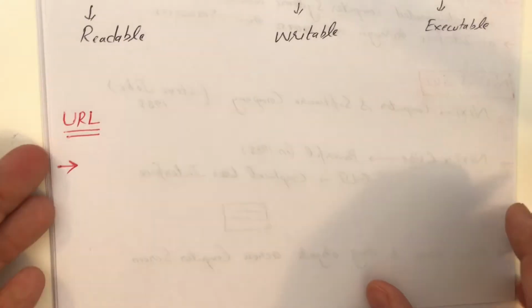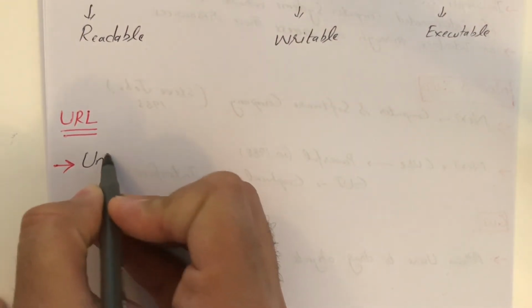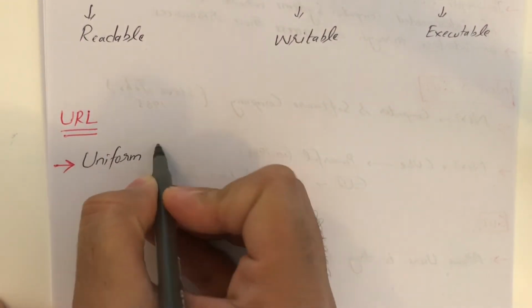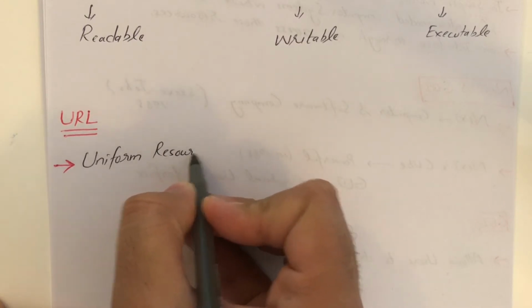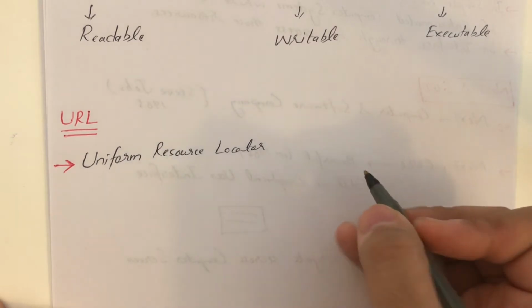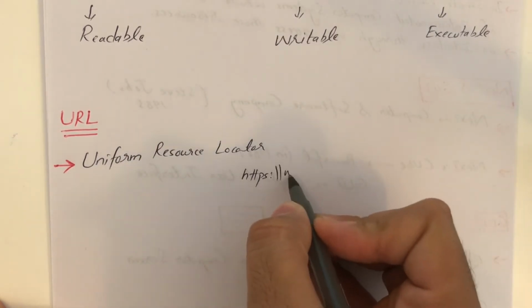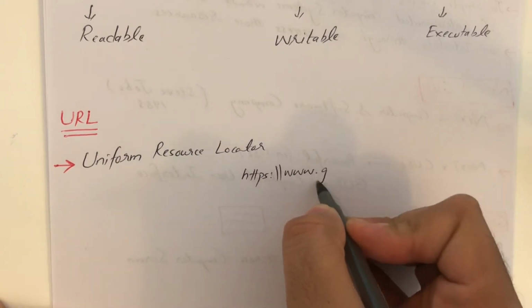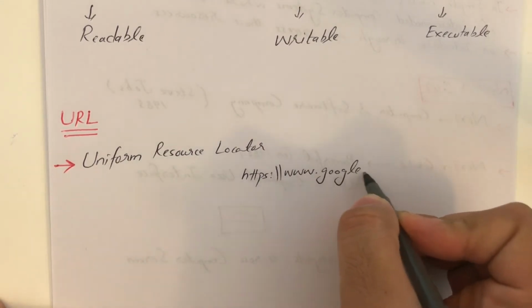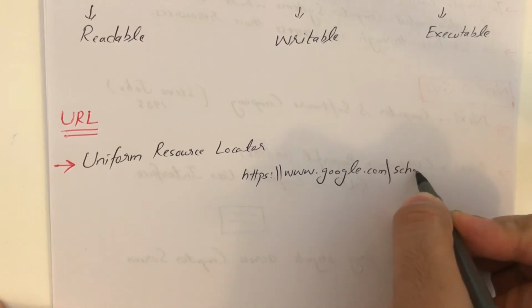A few attributes of the web. One is called URL. URL stands for Uniform Resource Locator. And what is basically a URL? URL is something like HTTPS, www, for example google.com, for example, let's say Scholar.